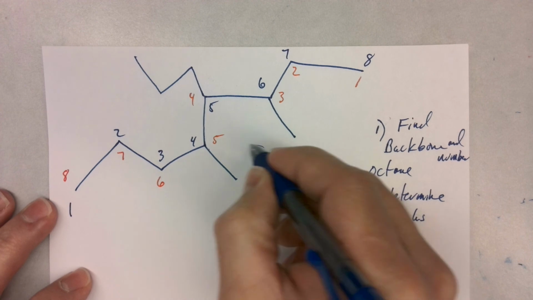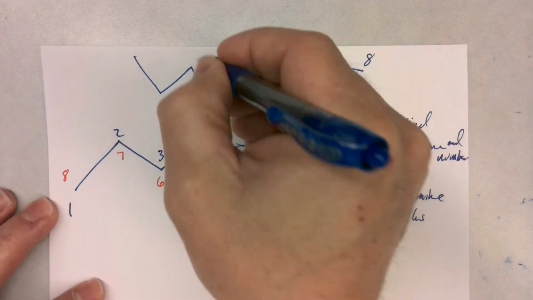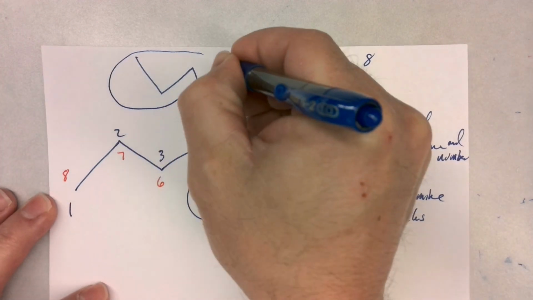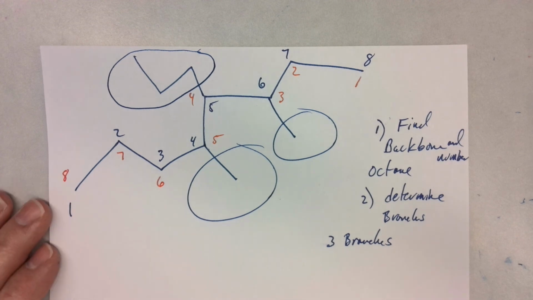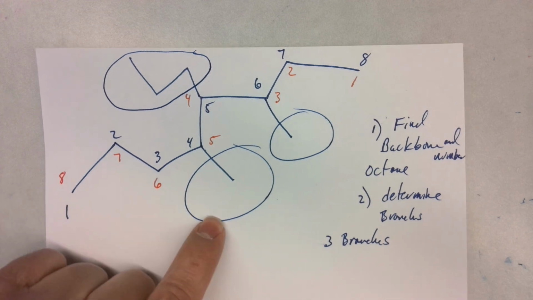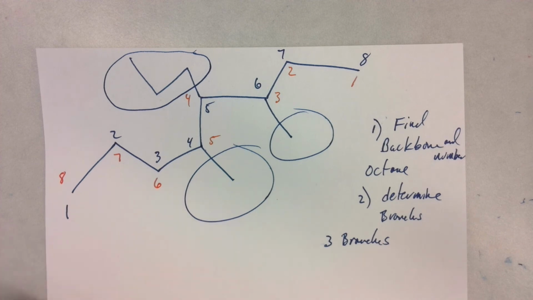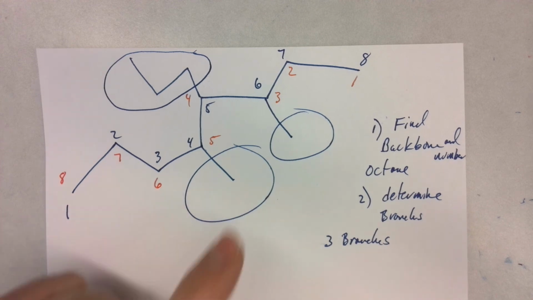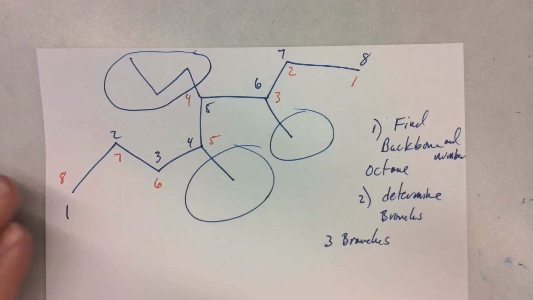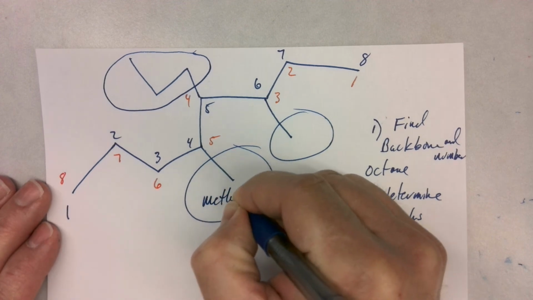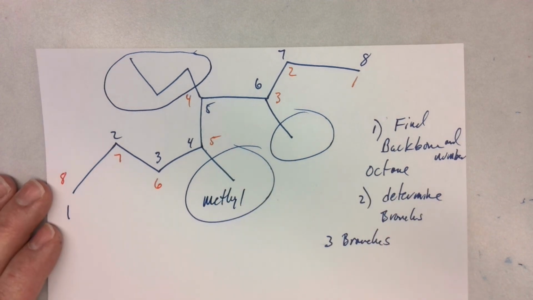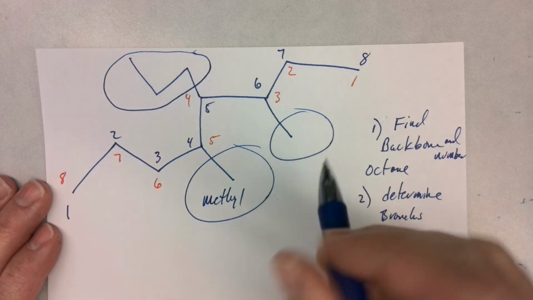I've got 1 branch here, 1 branch there, and another branch right there, correct? Okay, so what would this branch be? Methyl. It only has 1 carbon in it, so it would have been a meth what? 1 carbon is a methane, but because it's a branch, I change the ane to yl and make it a methyl, right?